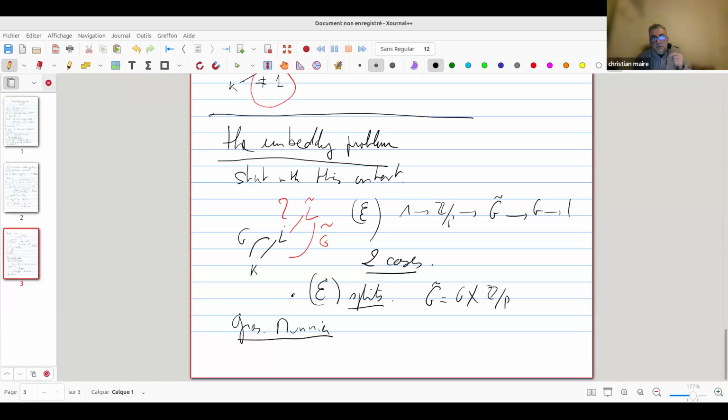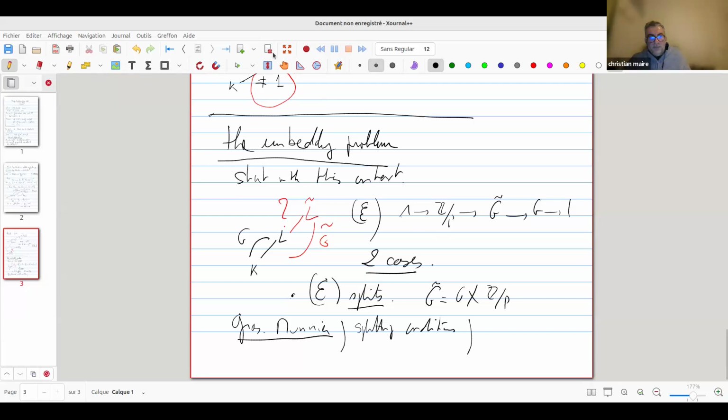But in the question of the embedding problem in Church-Richards, we need a little bit more. We need some splitting condition. It's a refinement of the Grunwald-Wang result, but it's not so difficult to solve with some splitting condition. So it's easy to solve.